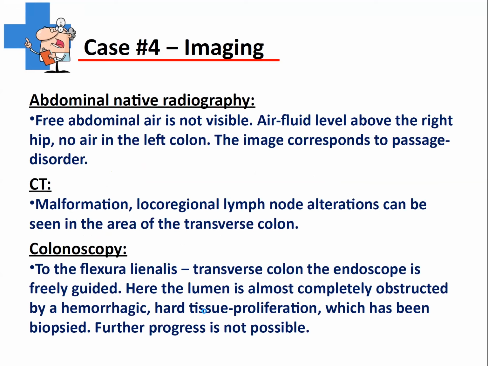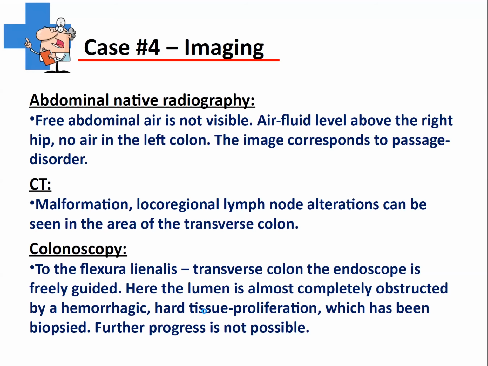CT, however, showed a mass and locoregional lymph node alteration in the area of the transverse colon. On colonoscopy, up to the flexura lienalis, the transverse colon, the endoscope is freely guided. Here, the lumen is almost completely obstructed by a hemorrhagic hard tissue, which has been biopsied.